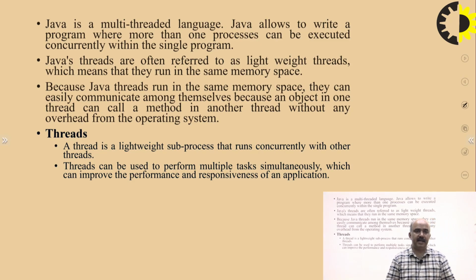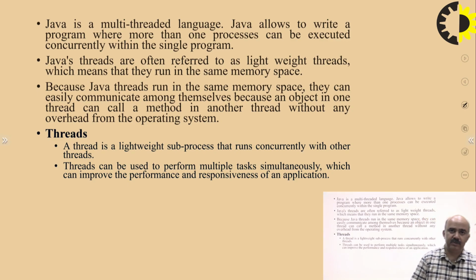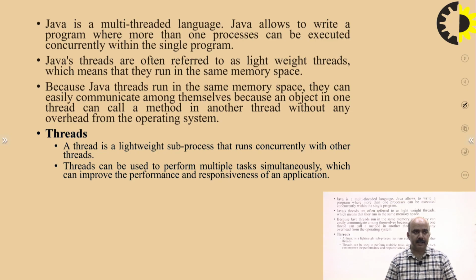Generally, threads are used when we have to run processes concurrently or in parallel, and performance is one of the major criteria for the application. So, we use those threads.